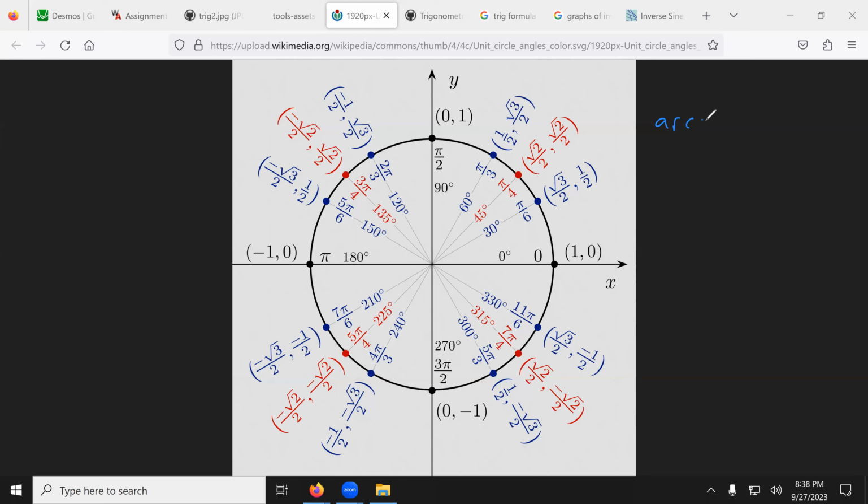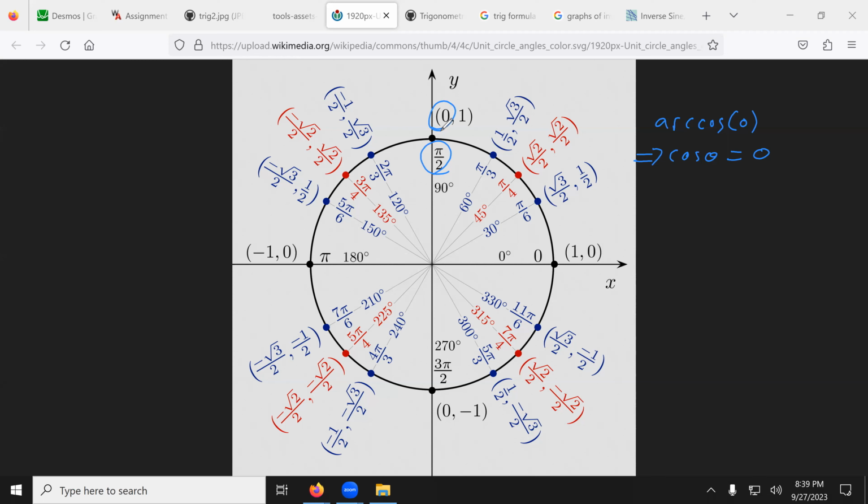Cosine of 0 is asking what angle gives me an x value of 0. And what theta would it be? What angle? Pi over 2? Looks like it has to be this one, right?